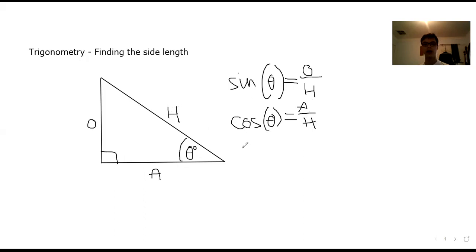And then we have our other trig function, tan. To find tan theta, we don't use the hypotenuse, so we leave that out completely. We divide the opposite side by the adjacent side, so tan theta is O over A.